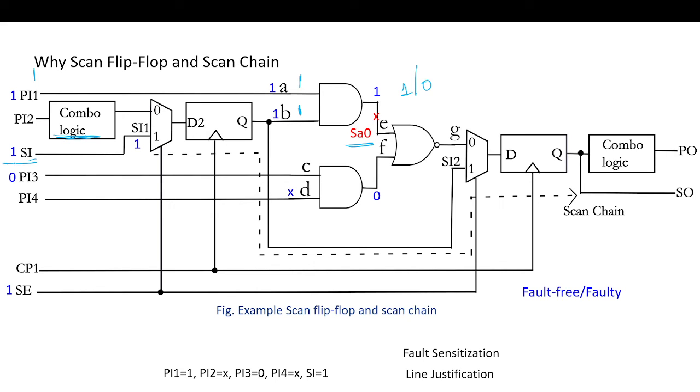Now I apply through the scan enable and select this scan path. So now I got this faulty value. Fault free should be 1, faulty should be, okay, I think this has some error. This is correct. Fault free is 1, but faulty is 0.